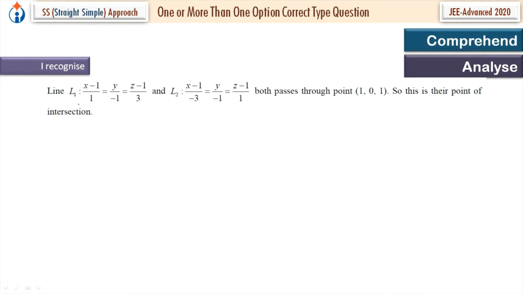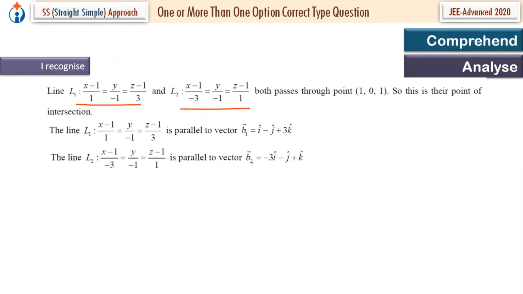So I recognize L1 line, L2 line equations are given, and this passes through point 1, 0, 1. So both pass through point 1, 0, 1. So this is their point of intersection. And this line is parallel to vector, let's say I'm calling this vector B1, i cap minus j cap plus 3k cap.